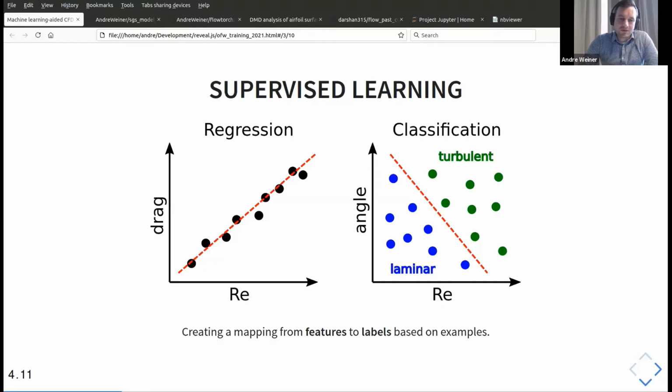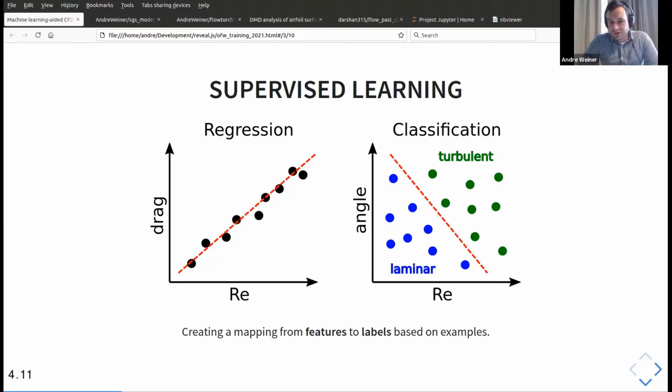You have varied the Reynolds number, and you have measured the drag for various different Reynolds numbers. And now you want to create a machine learning model that represents that data. And the problem you're dealing with is called regression. So you're trying to find, in this simple sketch, the red line.